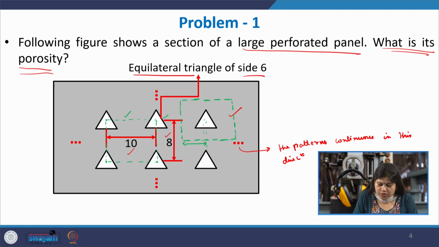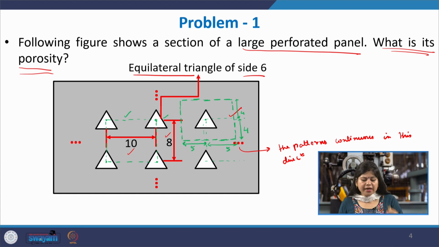From this to this it is a total of 10 units, and this is midway of that, so this will become 5, and the same way this will become 5. And from here, the spacing between two adjacent holes is 8 units, and this is halfway of this, so this becomes half of 8, which is 4, and in the same way this would be 4 for the next adjacent hole.